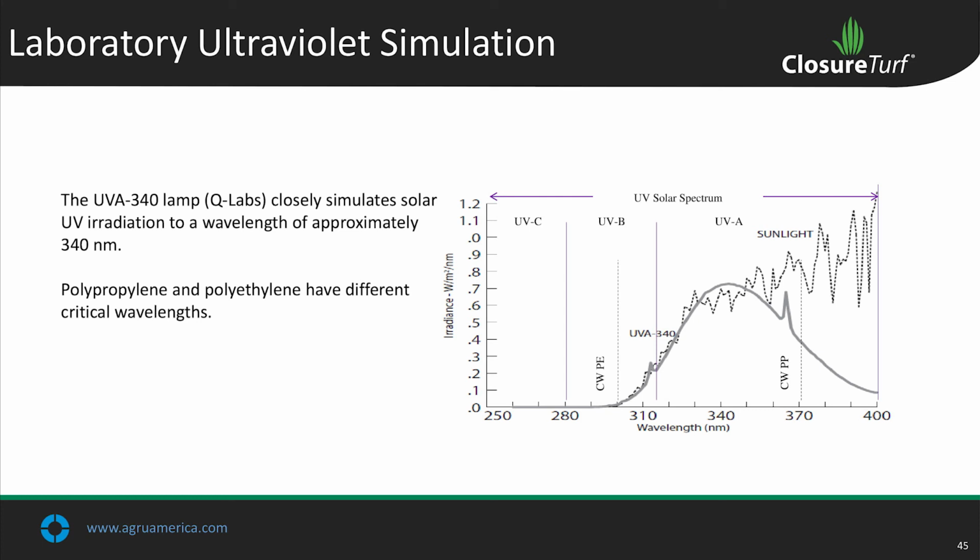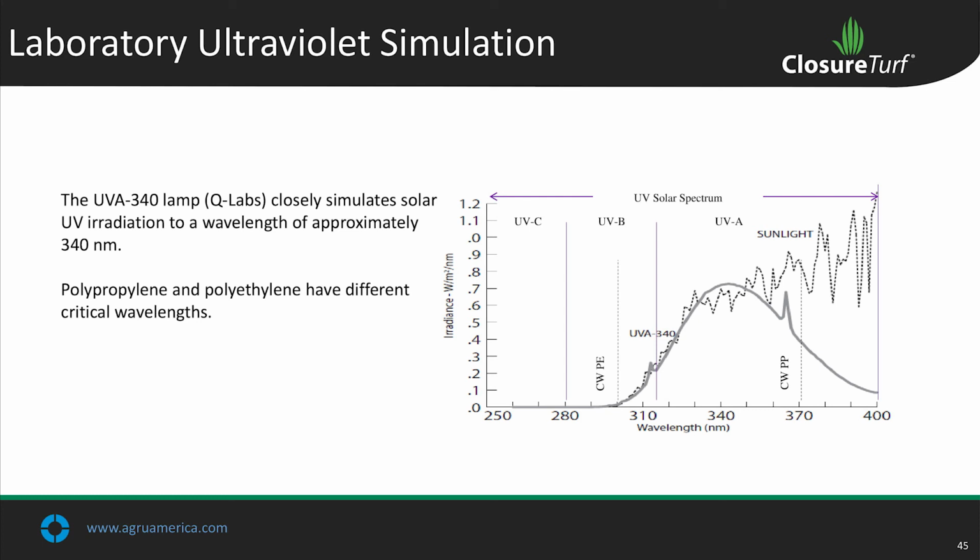So the light bulb that they use in the lab is a UVA-340 lamp produced by Q-Lab, and it simulates solar radiation pretty darn well up to a wavelength of about 340 nanometers.